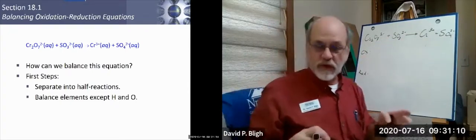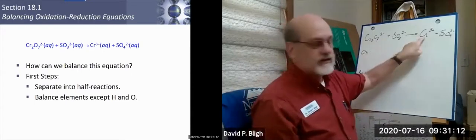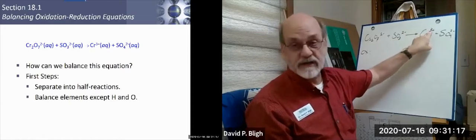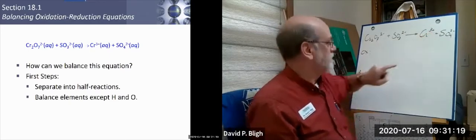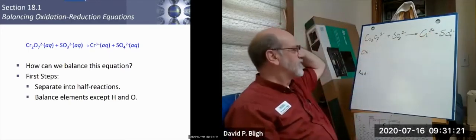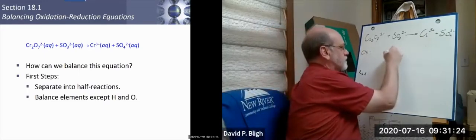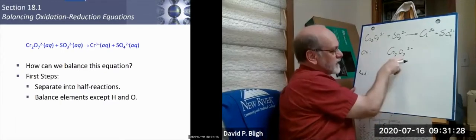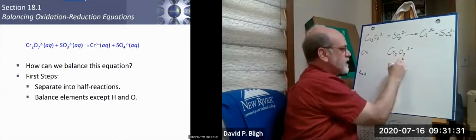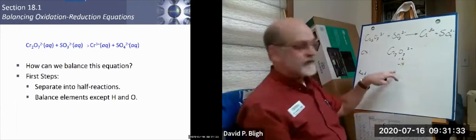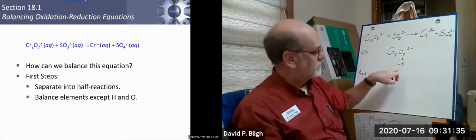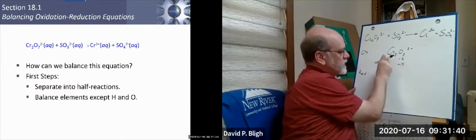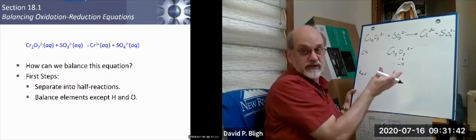Now, the rules state that the oxidation state for this element is the charge, right? So its oxidation state is 3+. How about this one? Well, 7 times -2 is -14. So that's the contribution of oxygen. And we have to balance the charge with chromium plus charges.